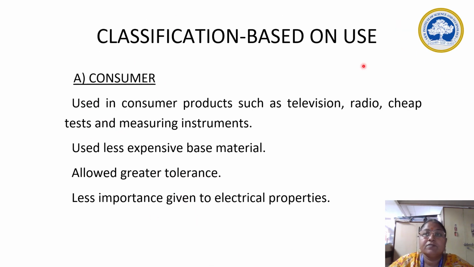Classification: we can classify it into a single layer, double layer, or a multi-layer board. Whenever we take a multi-layer board, there are a lot of optimizations we need to make in the design aspect. Classification is of use when you go with applications. So we'll come to know how it is used in a consumer product.